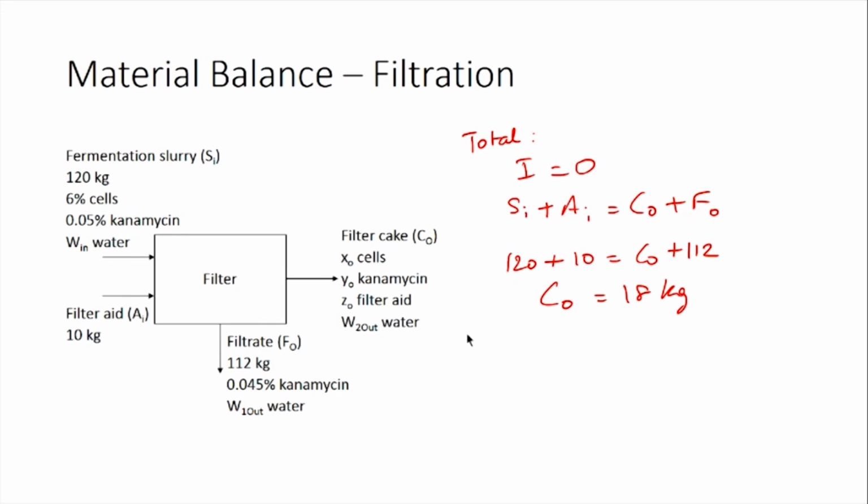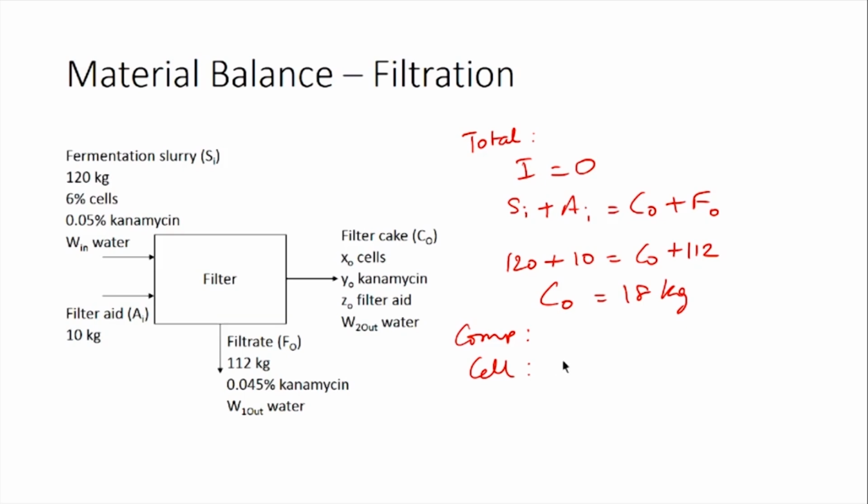Now, we can then write component balances. The component balance we can start with would be the cell balance. Cell is entering only through the fermentation slurry and is leaving only through the filter cake. We do not know the amount of cell which is leaving through the filter cake, we have just written the mass to be X0.